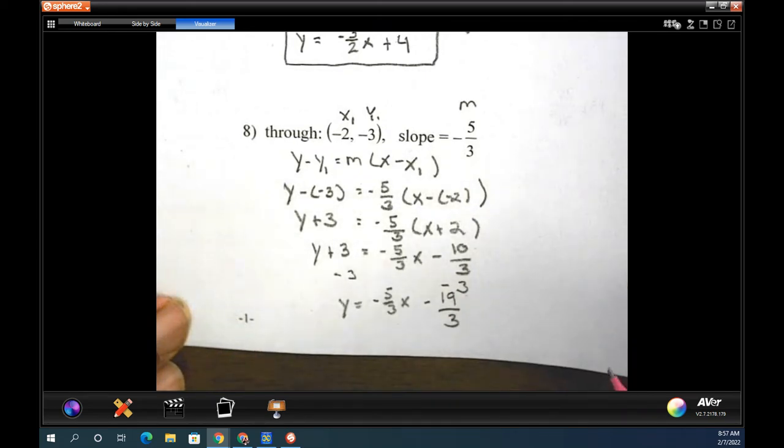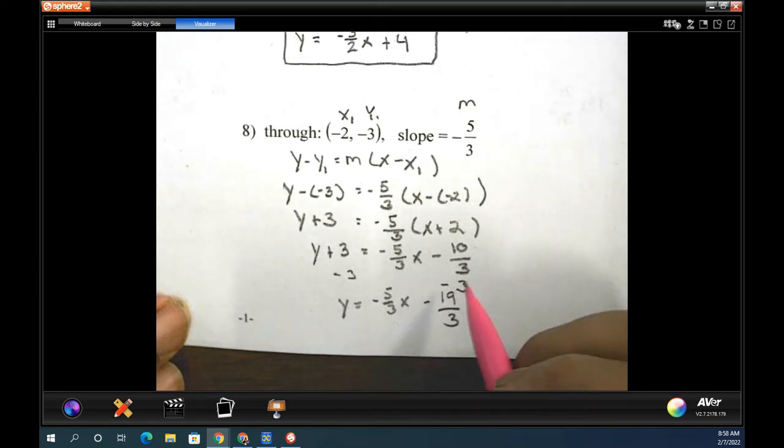Did anybody get that answer? Y'all didn't get it? Negative 10/3 minus 3. You got negative 3? Shouldn't have. Go control divide. Negative 10, down arrow 3, then right arrow minus 3.